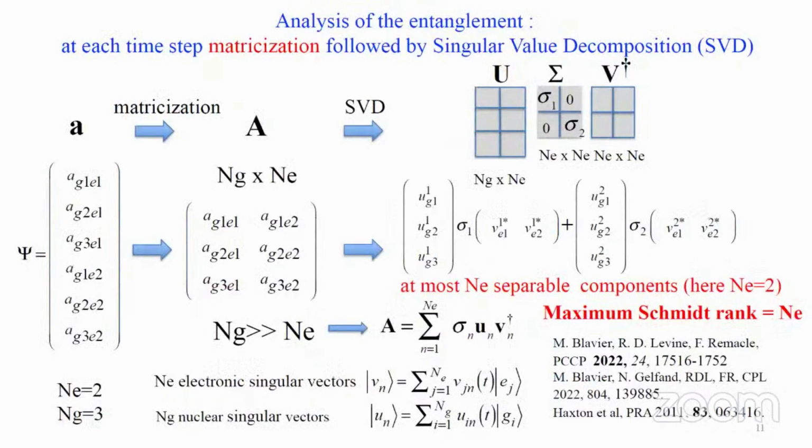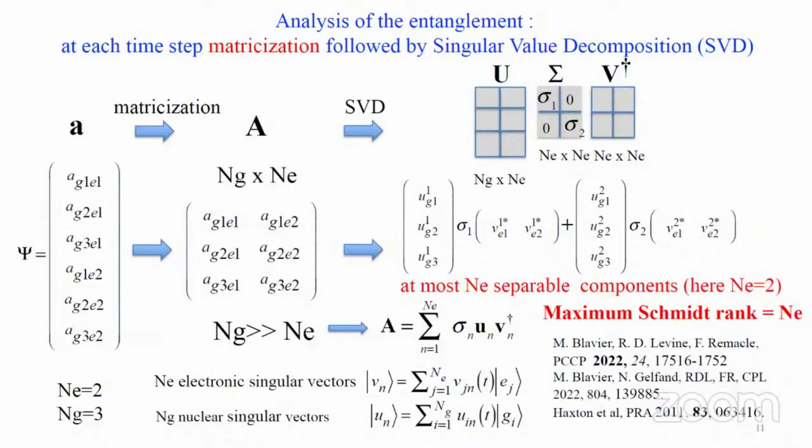And so what we did to compute the Schmidt rank as a function of time is to matricize the column vector of the Born-Huang amplitudes into a rectangular matrix that has Ng rows, which is the nuclear grid, and Ne columns, which is the number of electronic states in our problem.